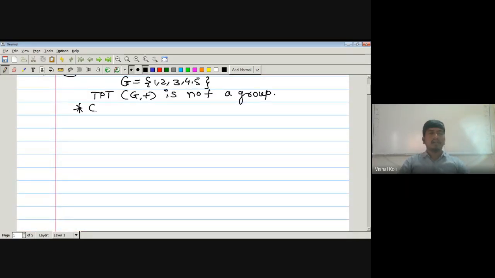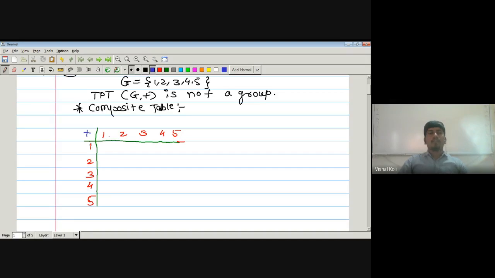Here are 1, 2, 3, 4, 5 and 1, 2, 3, 4, 5, and the binary operation is plus.